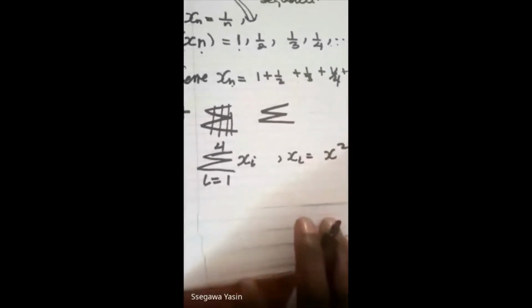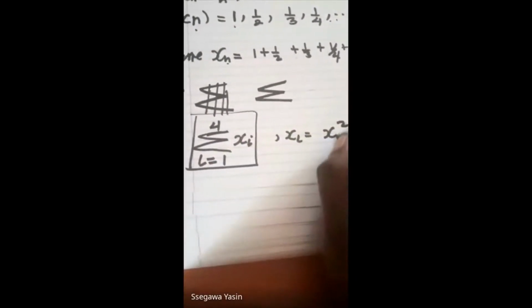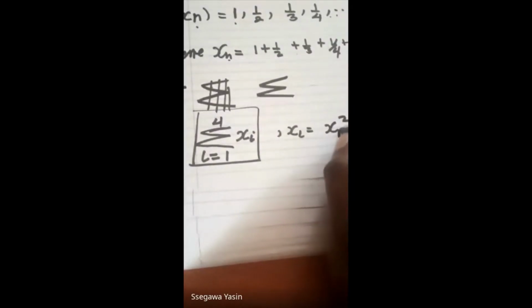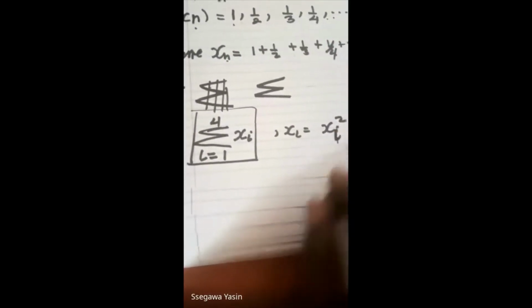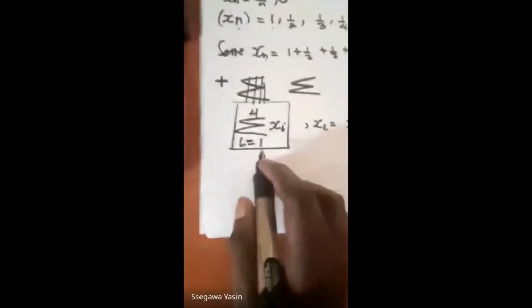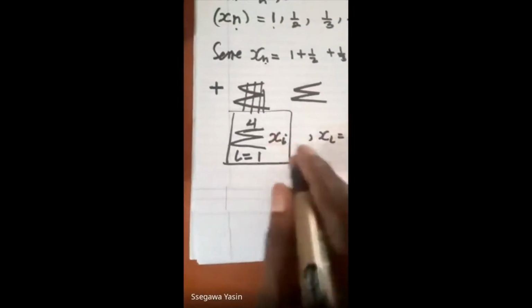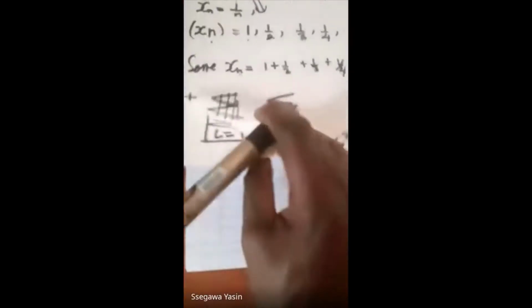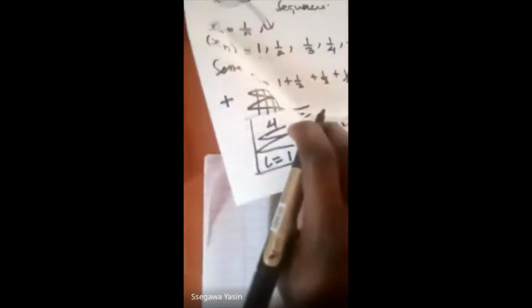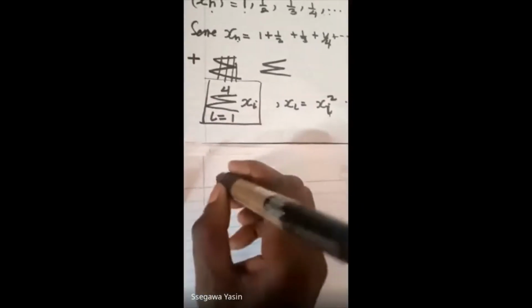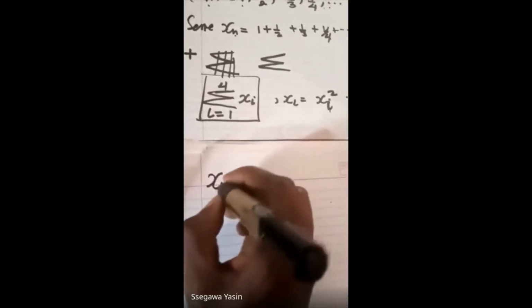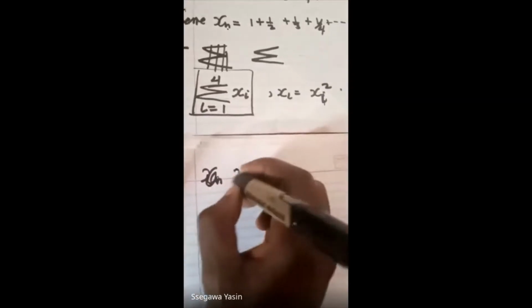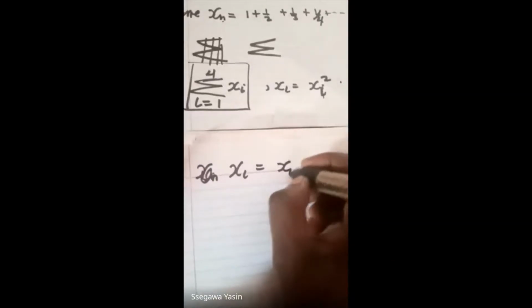I'm going to show you how it works. To write this same thing here, this is xn, sorry, xi. To write this same thing here, I mean that you add for me, the sequence xi equals xi squared.